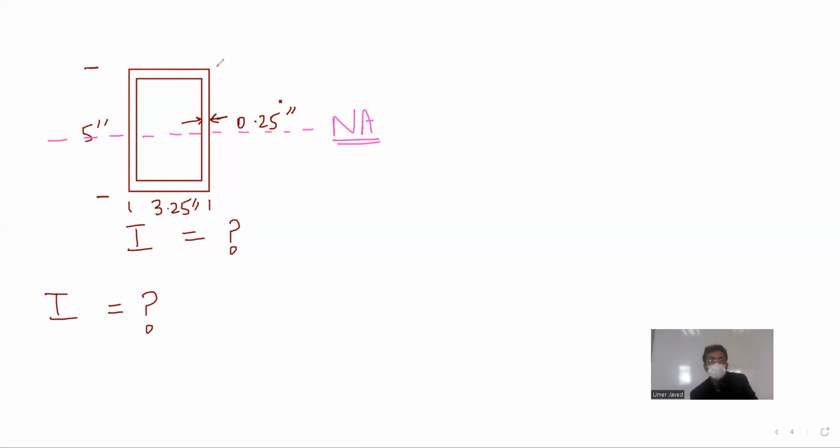Let me finish the problem. This is a beam, and let's say I am putting the load somewhere in the center here. So let's say the value of moment I get is 500 Newton multiplied by 5, let's say 2.5 kilo Newton meter is the moment.